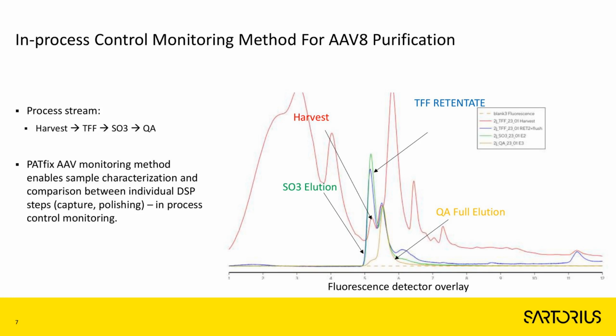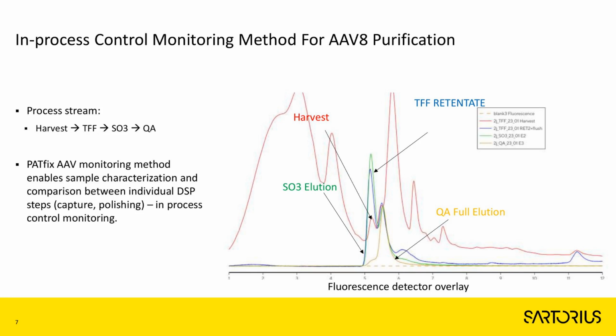To give you a closer look at this, I've shown this chromatogram here, where you can see going from the harvest sample shown here in red to the full enriched fraction shown here in yellow. You can see that we're reducing a lot of protein impurities, because we're looking at the fluorescence detector here.